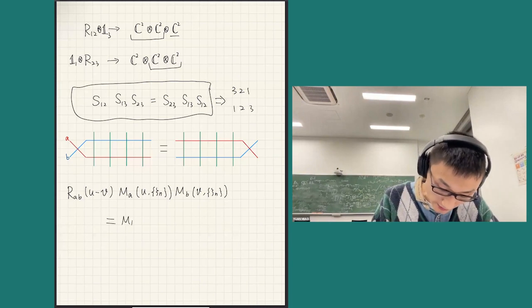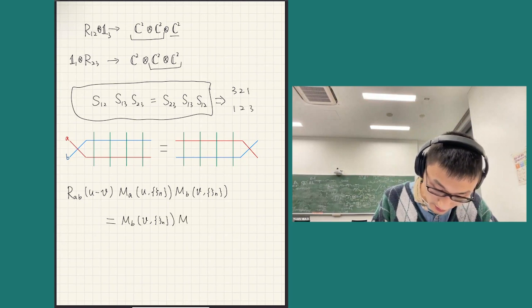We will arrive at some relation such like that. So we have M_B, and then here is M_A, and then the same R matrix.